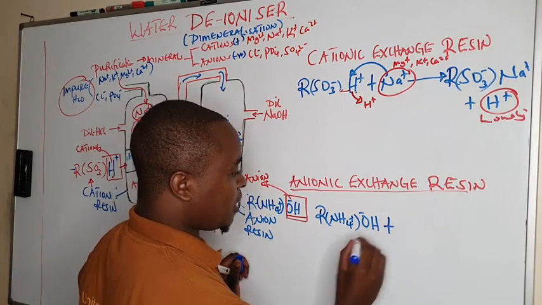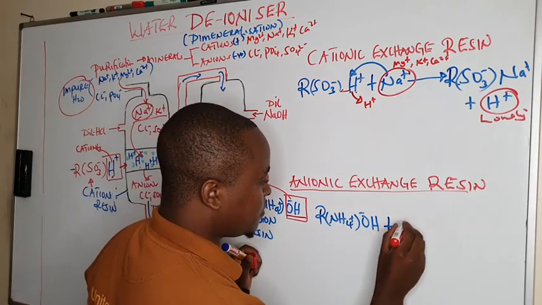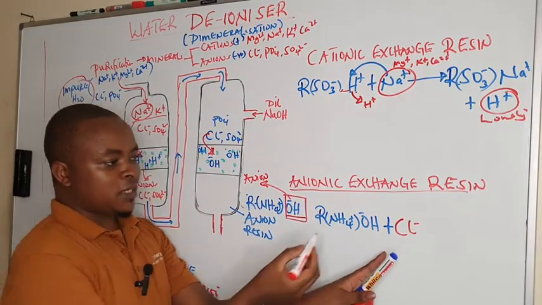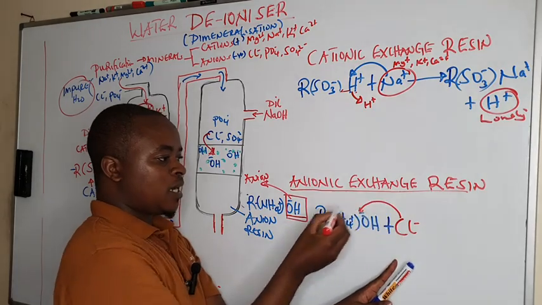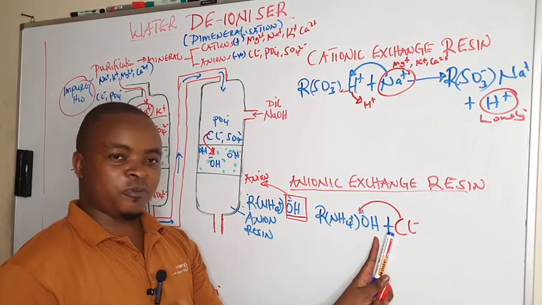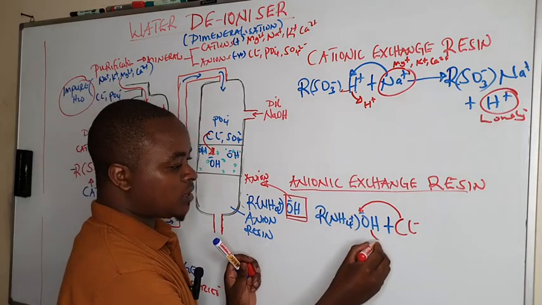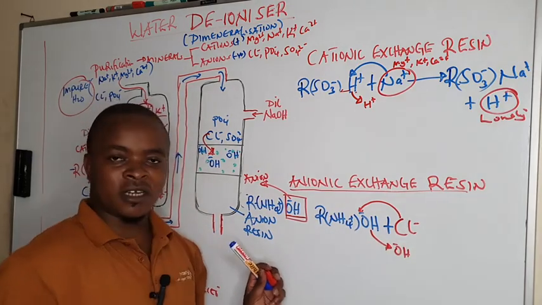So if I bring an anion such as the chloride, which is more reactive than the hydroxyl group, it is going to come and displace the hydroxyl group and take over.